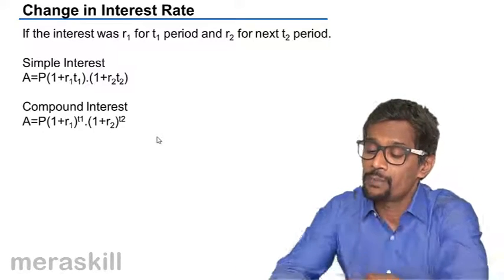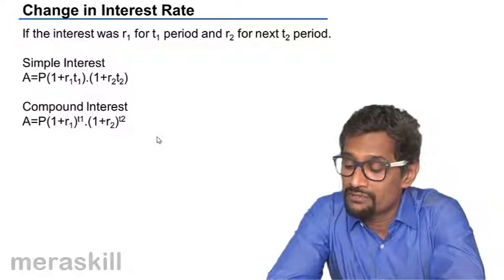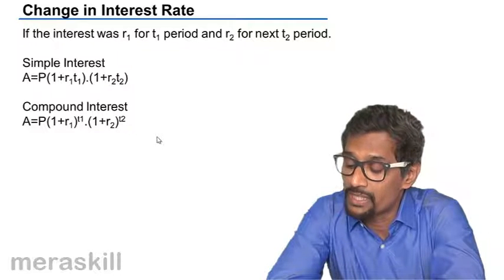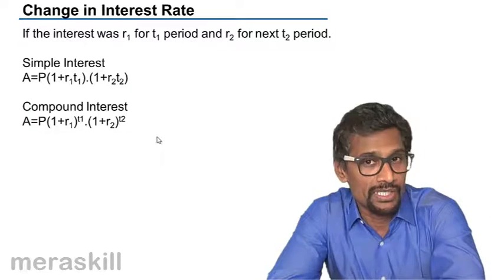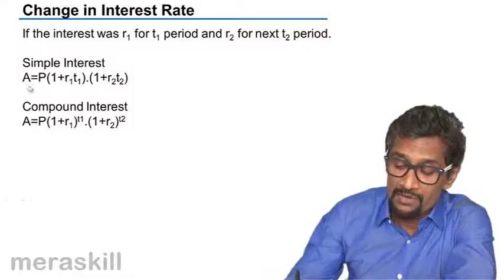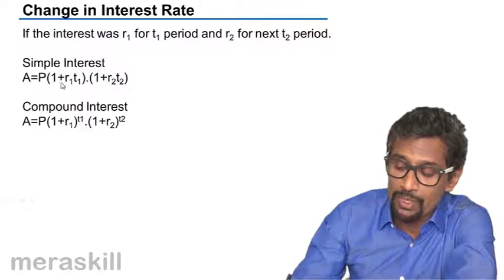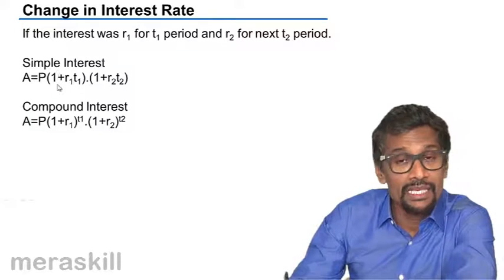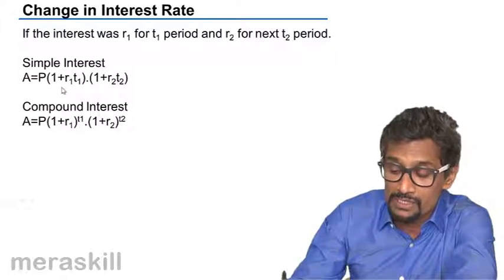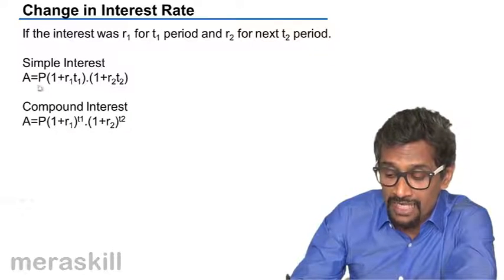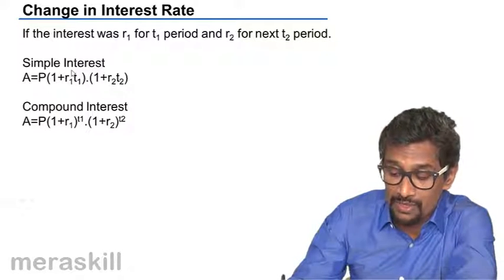So, for example, if the interest was R1 for T1 period and R2 for the next T2 period and so on, for simple interest, the amount would be P into 1 plus R1 T1, as the principal for the first period. Then that becomes the amount for the second period that is added.